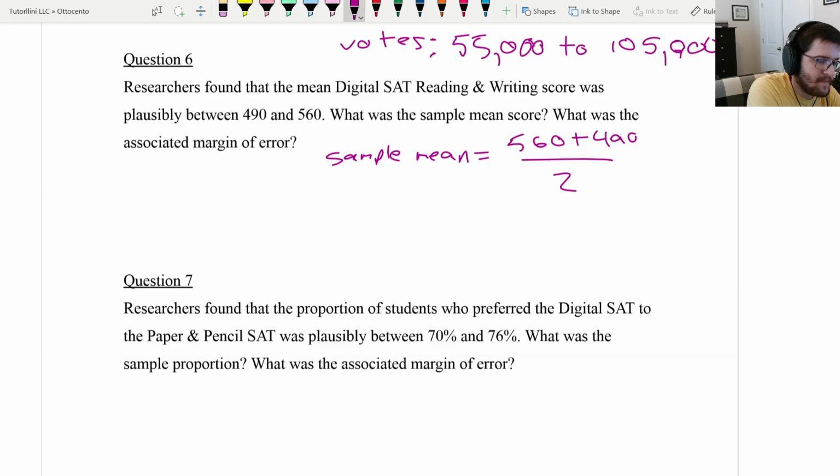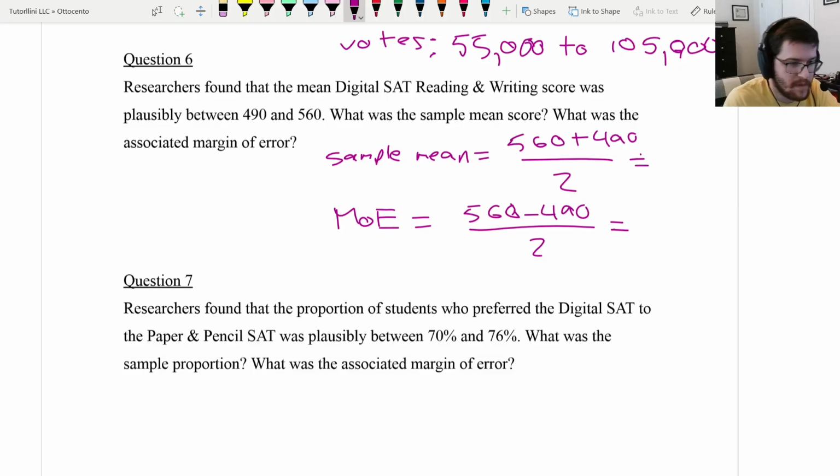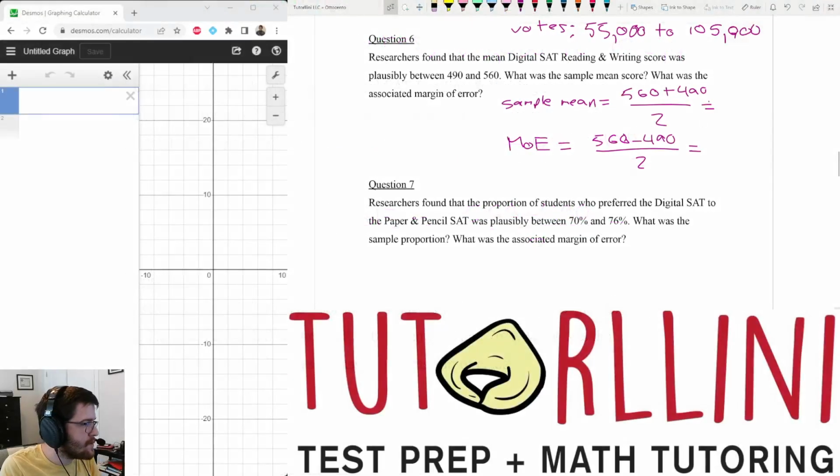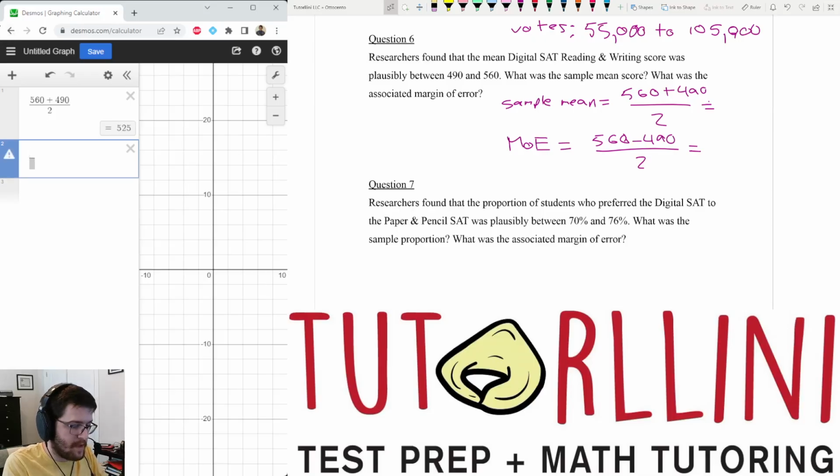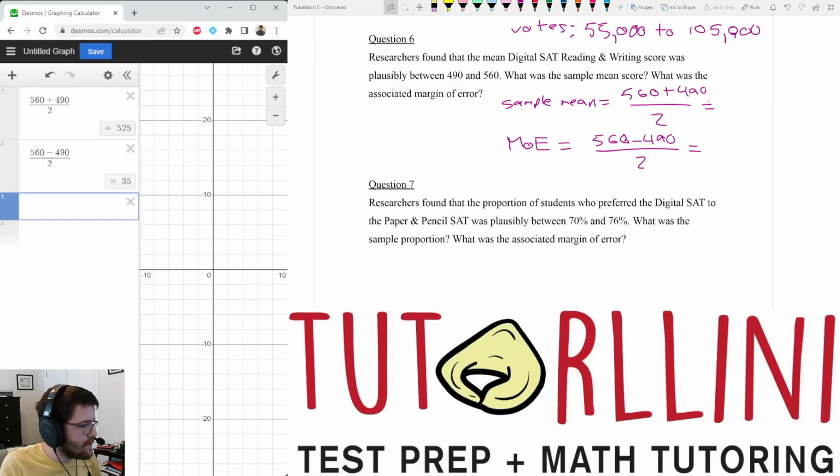And for the margin of error, we're going to do upper minus lower, so 560 minus 490 over 2. So let's see what that gives us. 560 plus 490 over 2. And then 560 minus 490 over 2. Okay, so that should be a sample mean of 525.